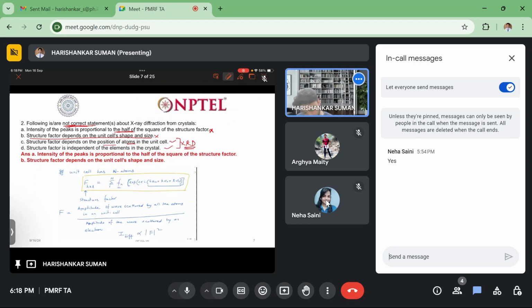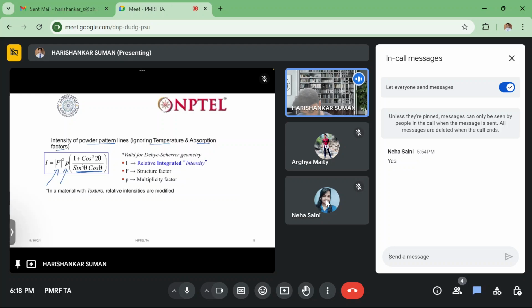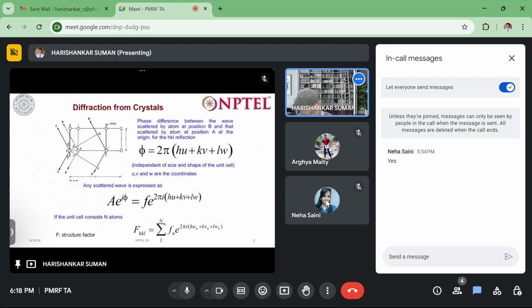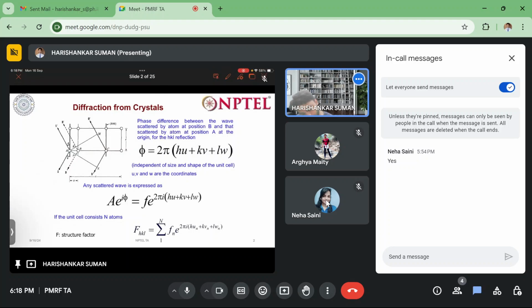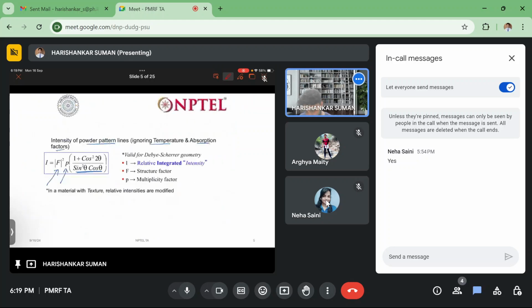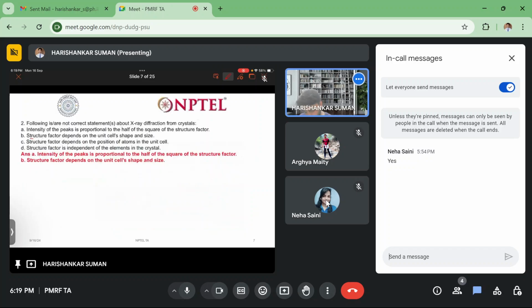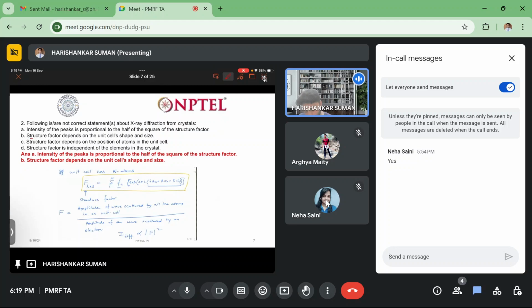How? We have already seen this in the first slides. Let's see. You can see the atom position in the crystal and the element, how many elements are present.